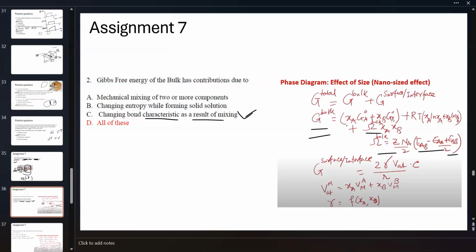This is due to just mechanical mixture. Gibbs free energy due to mechanical mixture. Chemical mixing changes your Gibbs free energy. And this last term, according to the Boltzmann law, is the increase in entropy due to mixing. There is an entropy due to solution formation.